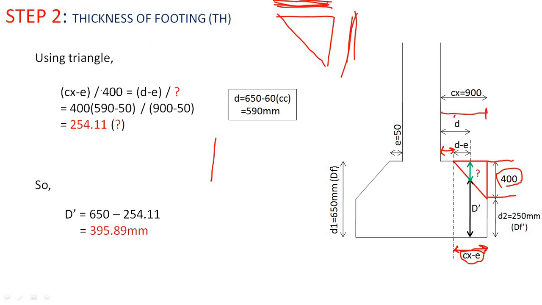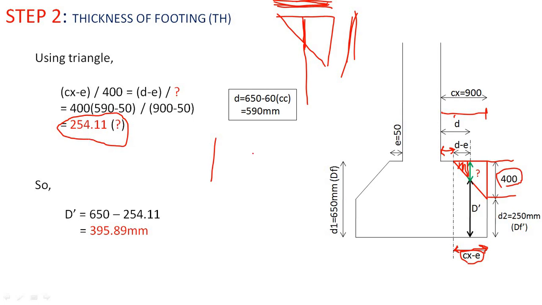So cx minus e upon 400 is equal to, here we have the d, we have to find this thing, so here is another triangle something like this, so we will use d minus e upon question mark. So we have found the value of that question mark as 254.11.